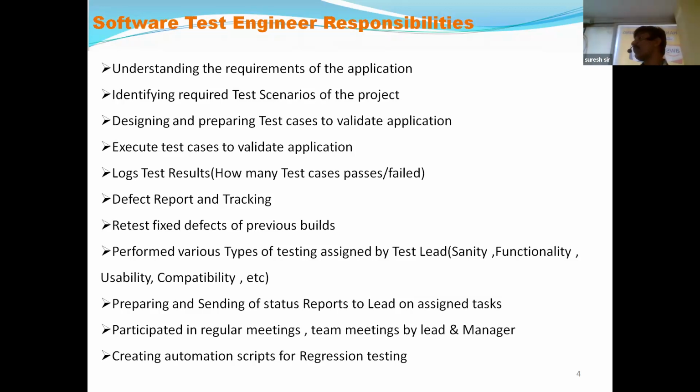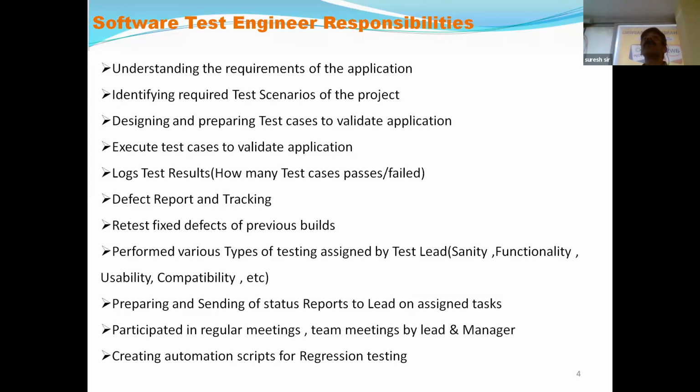If we want to take on any kind of project, first we need to understand the requirements.